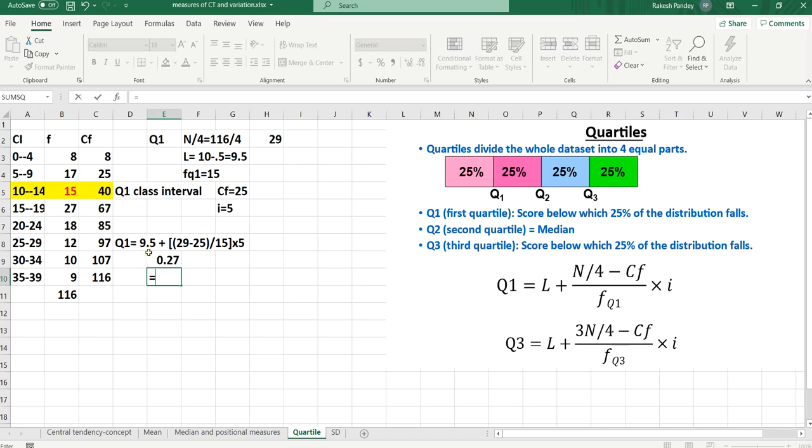So 0.27 into 5. This value is 1.33, and then we will add this to the lower limit.